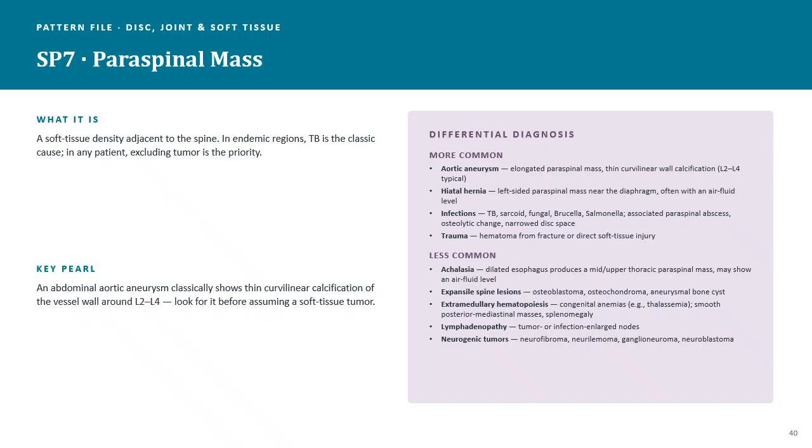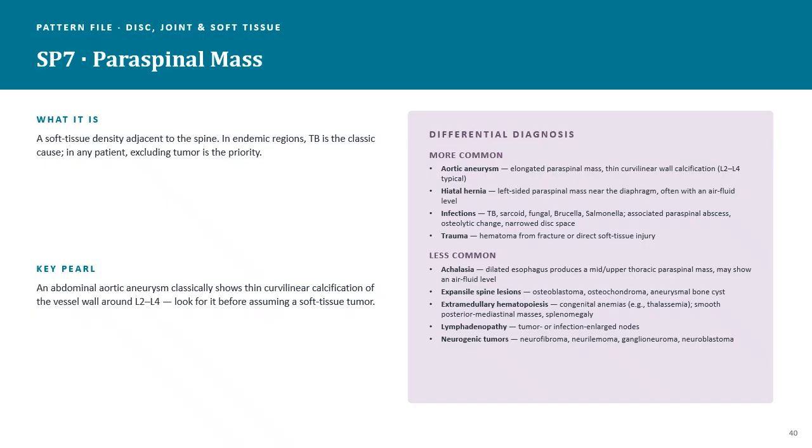One possible cause might be some sort of infection, maybe TB. That's an infection the patient can have that can involve the vertebrae and the disc, and can also spread to the surrounding tissues. Sometimes it can form an abscess as well. So if we see a paraspinal mass along with some bone destruction or narrowing of the disc space, infection might be one of the first things they start to think about.